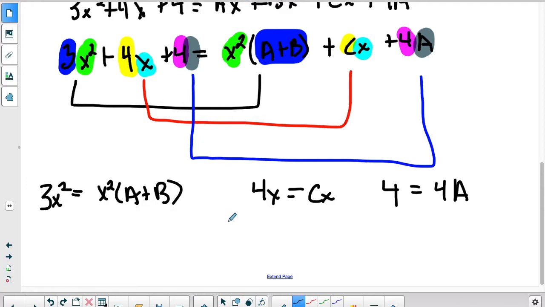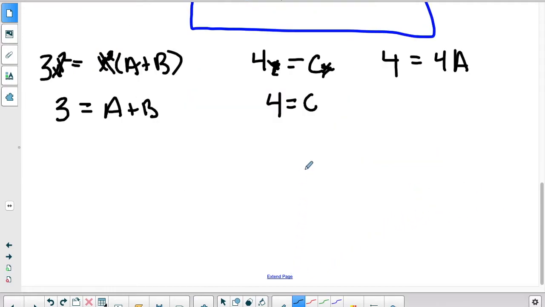In this one, we're not worried about the x squareds. Really, we're saying 3 is equal to a plus b. Here, again, we're not really worried about the x's. We're saying 4 is equal to c. And here we can leave it alone because we don't have any variables. Now, this is helpful because, voila, 4 is equal to c.